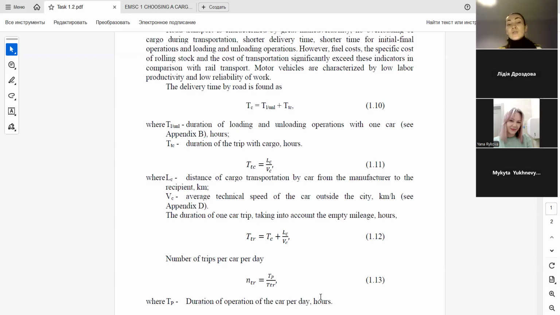We deliver something and could do two trips: from point A to point B and back, and a second trip from point A to point B and back. Okay, calculate please, and round up the number of trips.